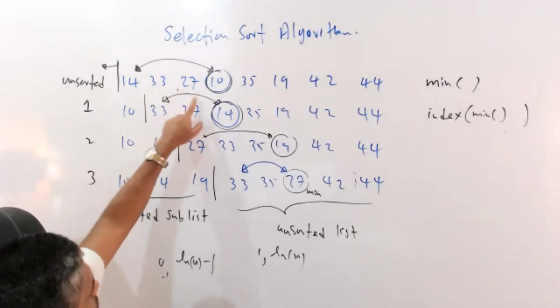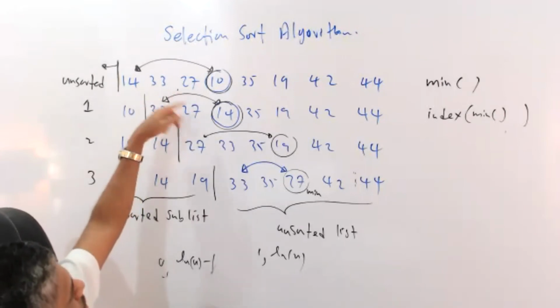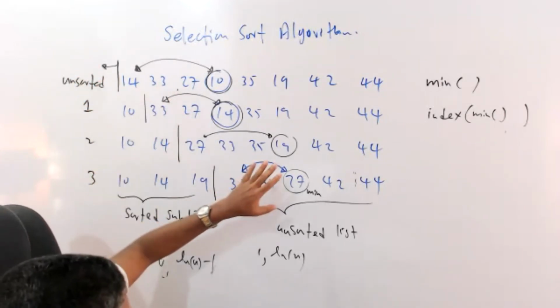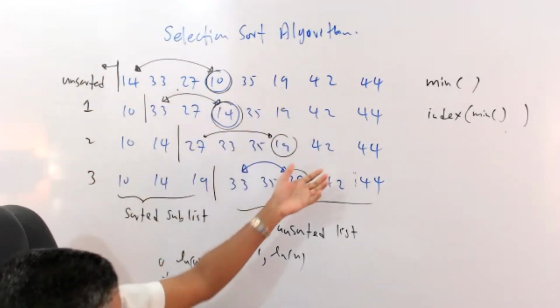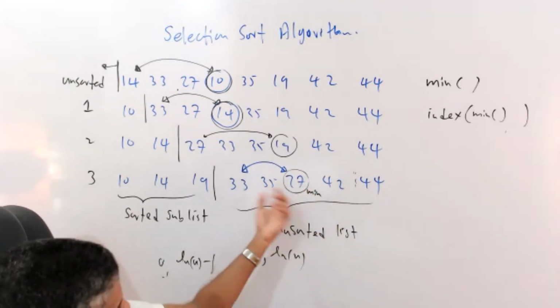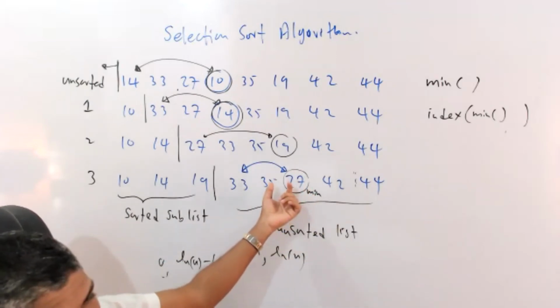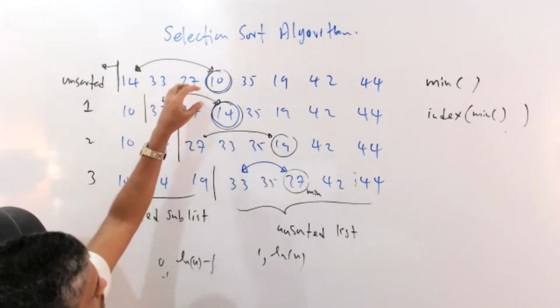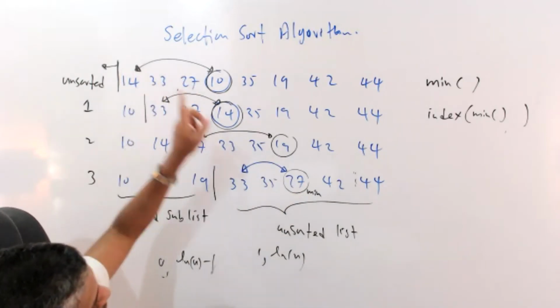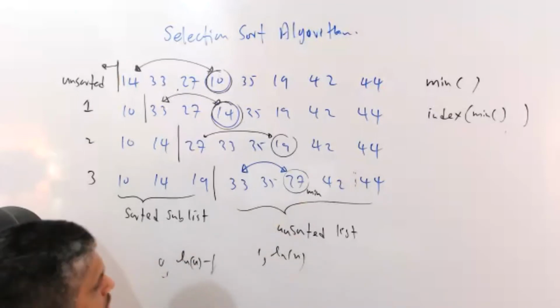That means we have to find the suitable location, so you have to do a comparison. Here we are going to compare the unsorted part. Previously we used to compare the sorted list. Now we have to use the unsorted list for the comparison.